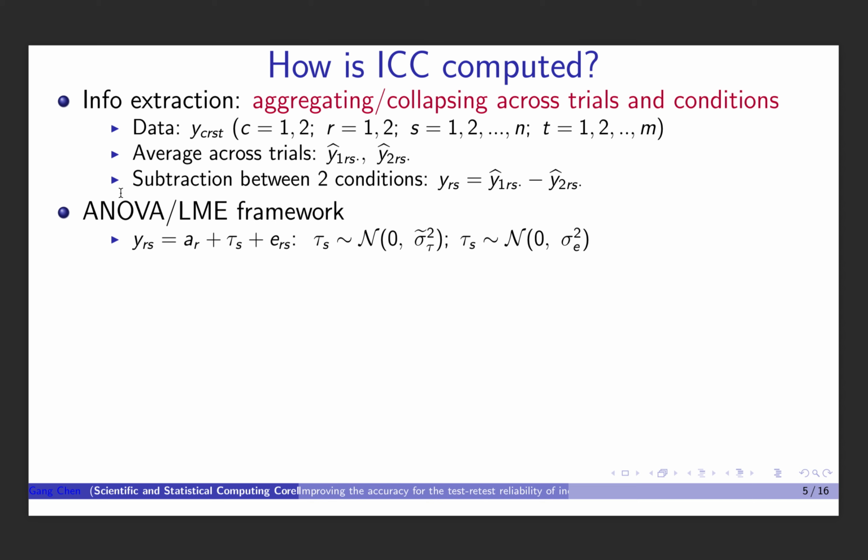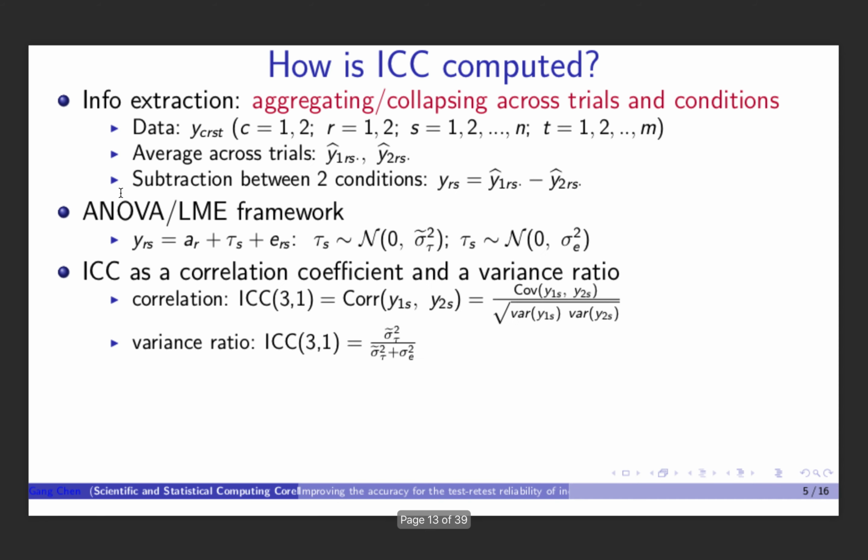Then for each subject, we have this deviation. Lastly, we have the residuals, which we can interpret as the interaction between session and the subjects. For the second and third components, there are varying effects. So we make an assumption. Basically, it's the Gaussian distribution, and there are variances associated with the 2 distributions.